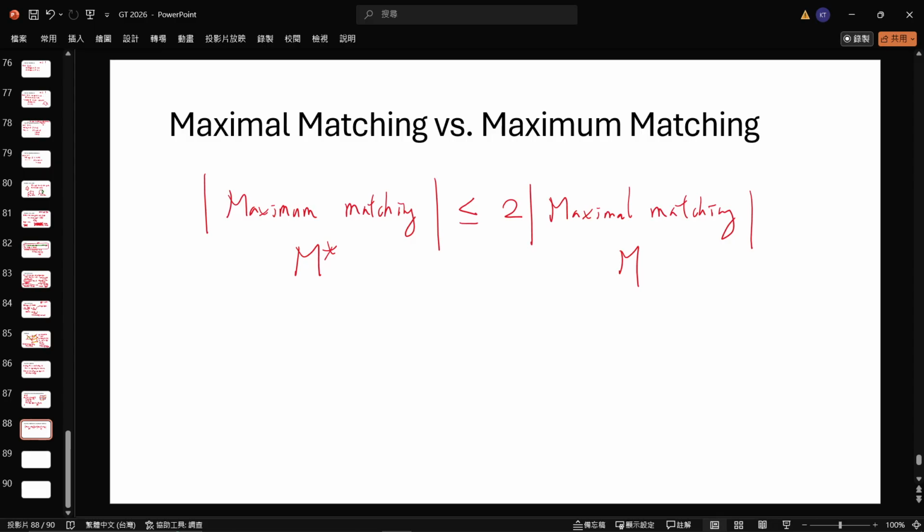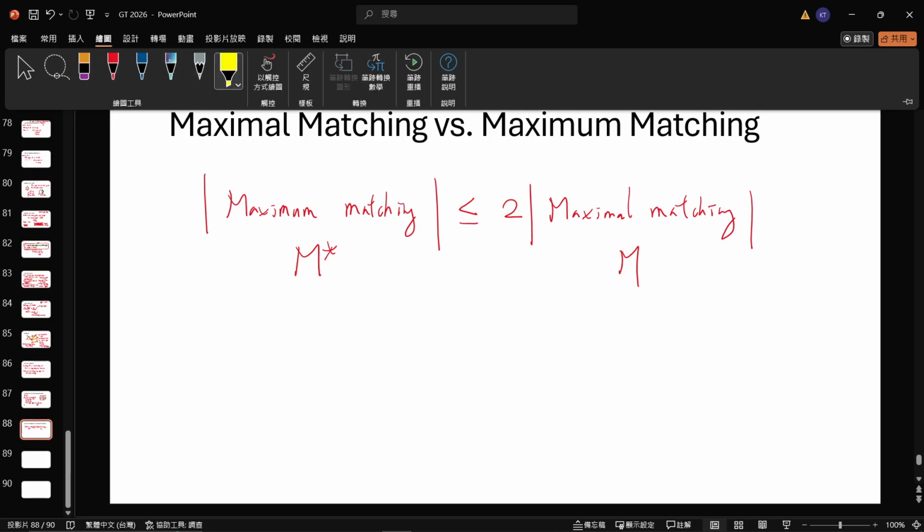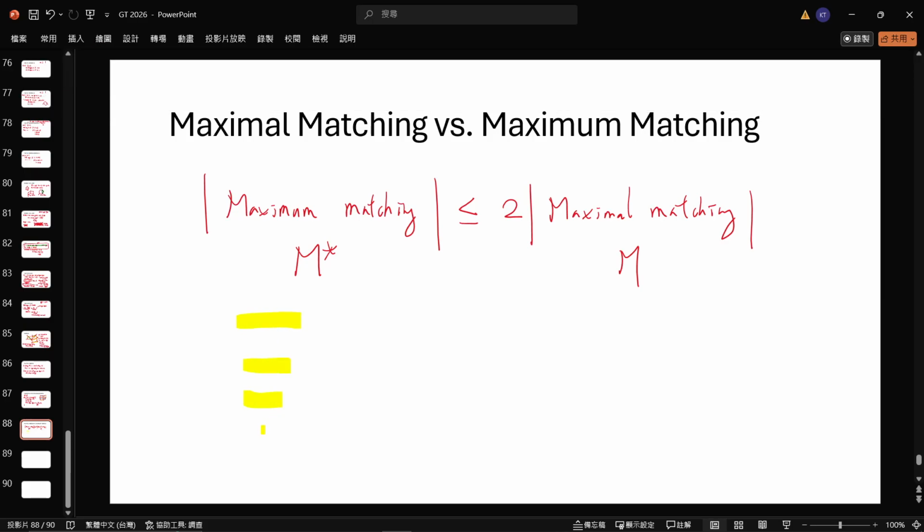And we'll use M to denote other matching, like this maximum matching, okay? So let's draw M star, okay? So M star has 4 edges, okay?